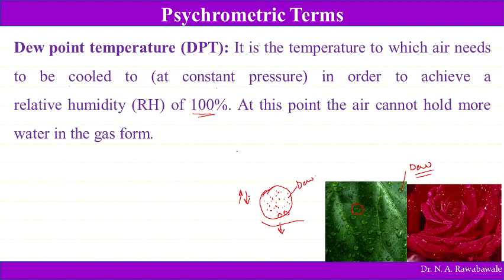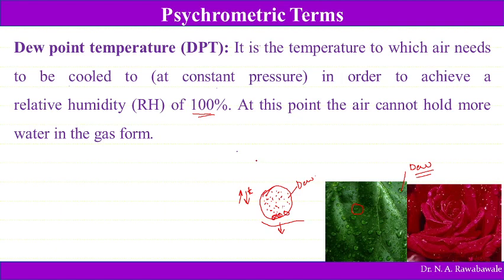If we reduce the temperature, the water holding capacity gets reduced, and at a particular temperature it becomes saturated. If we reduce the temperature below that saturation temperature, the water present in the air starts to condense. At this point, air cannot hold more water in gas form. So the temperature at which dew formation starts is known as the dew point temperature.